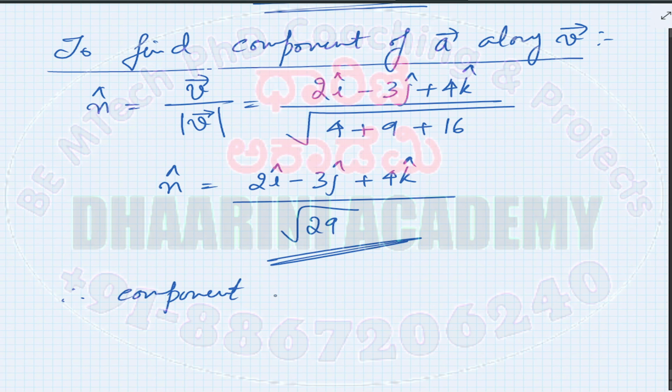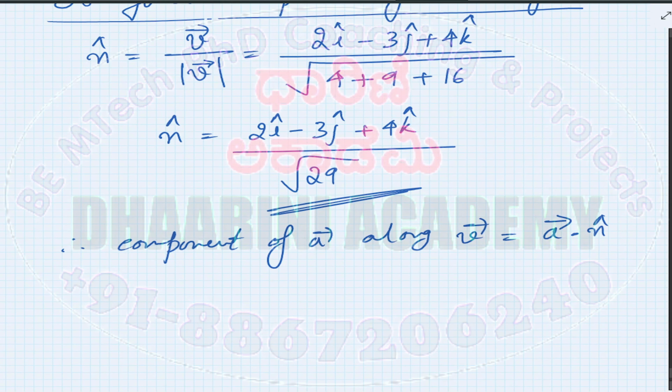So the final answer for this part of the question, the required component of A vector along v vector, is vector A dot n cap. It's a dot product, not a cross product.